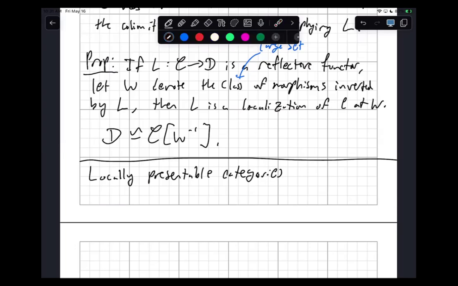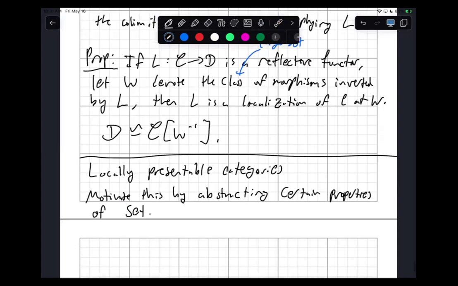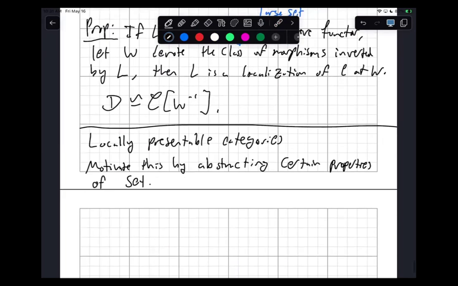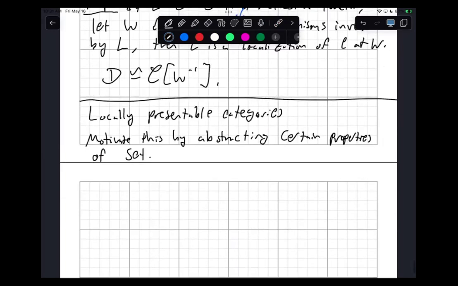So locally presentable categories motivate this by abstracting certain properties of sets.